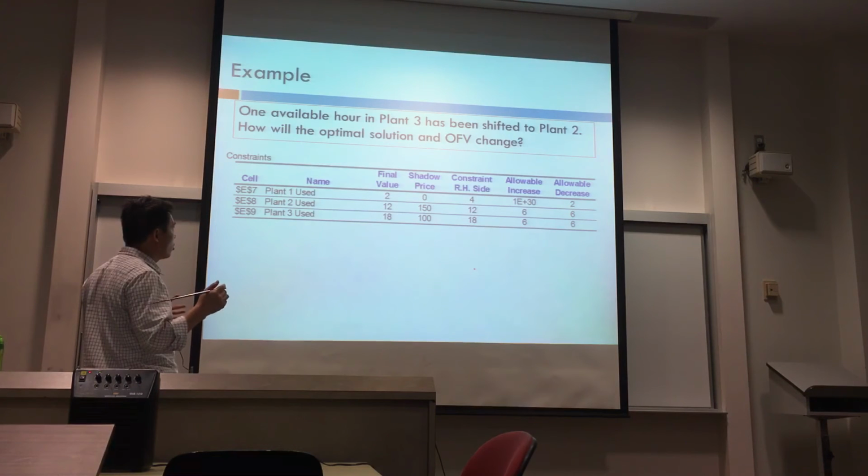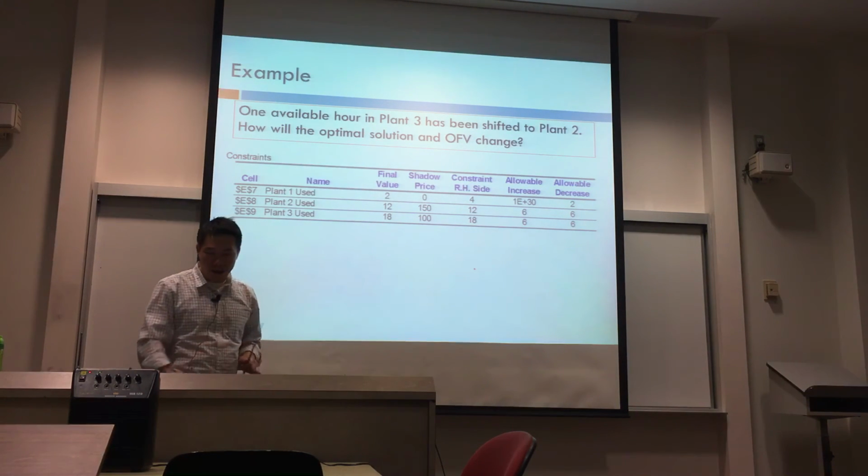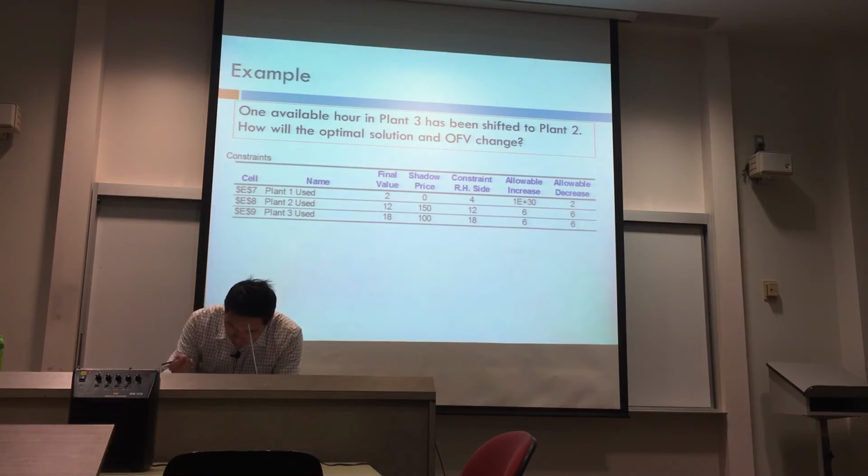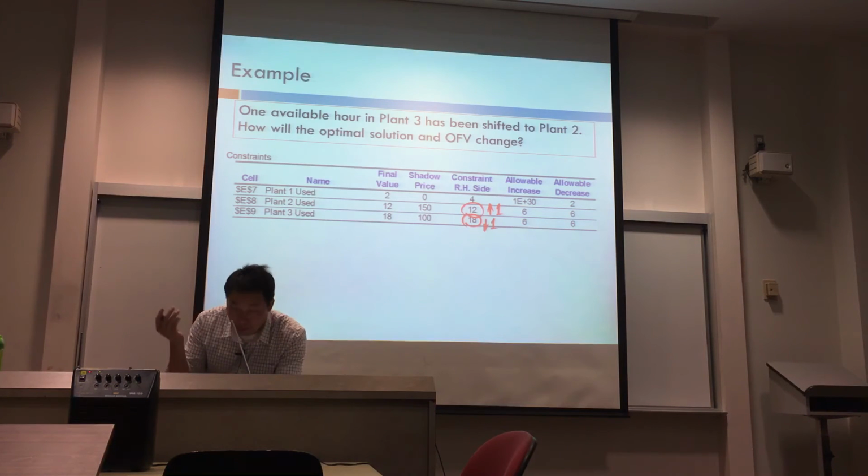How will the optimal solution and OFV change? We just have to be careful here. It used to be 18 and 12, and now you shift it. That means this one is decreased by 1, and this one is increased by 1.